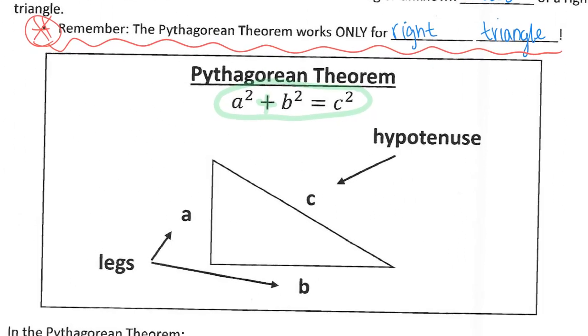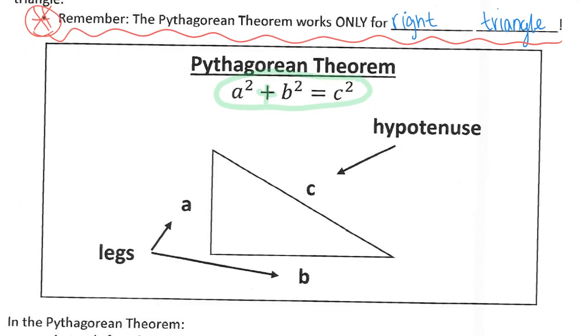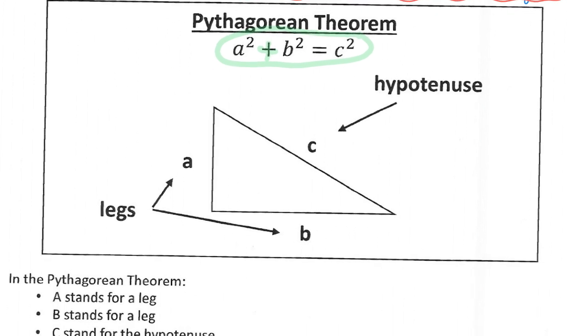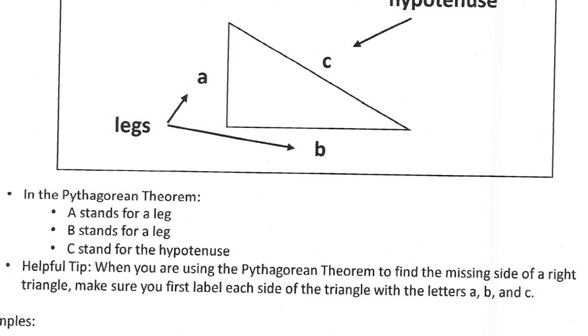Let's look at this diagram. A and B are your two legs, and C is your hypotenuse. We're just going to plug in numbers and solve for this formula. It's really all we're going to do. A stands for a leg, B stands for a leg, C stands for the hypotenuse.